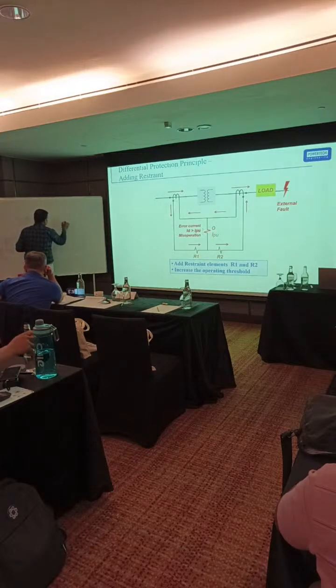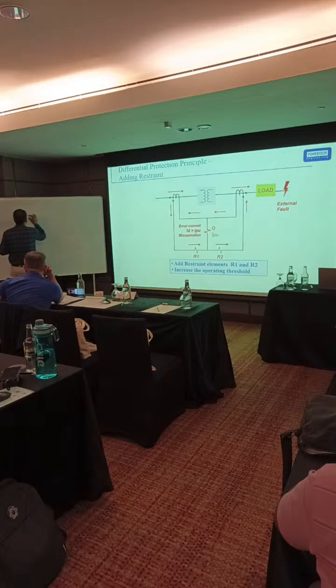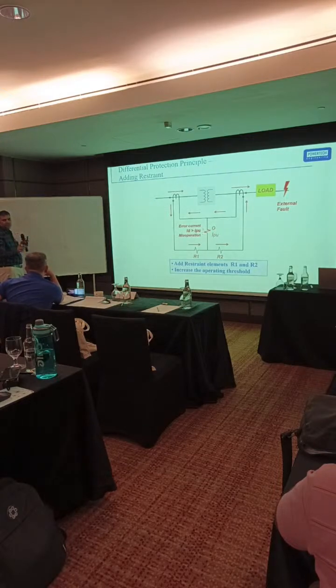So here the differential current should be this. It is just for explanation. It is a vector, sometimes it's done, so there may not be exactly the same calculation. So the better way is you can measure in the relay measurement how much restraining current and differential current is there.